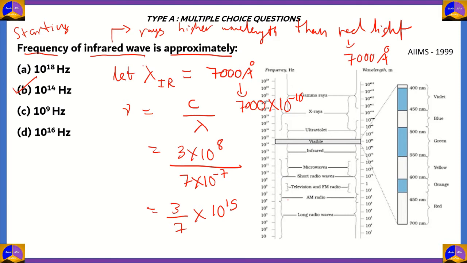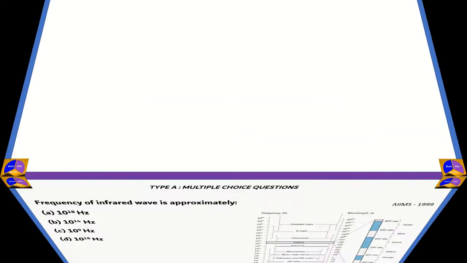We've dropped further into about radio waves, so that is incorrect. 10 raised to 16 is close enough to ultraviolet, so that's incorrect. And 10 raised to 18, we've reached the realm of X-rays, so option A is incorrect. So this is with respect to frequency. So with respect to frequency, 10 raised to 14 is the order for the frequency of infrared wave. Option B is the right option.